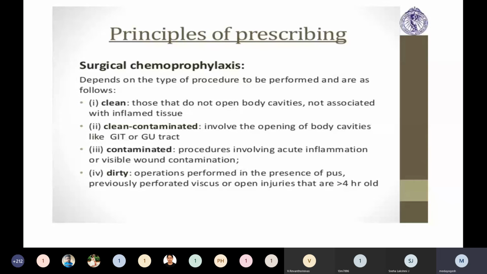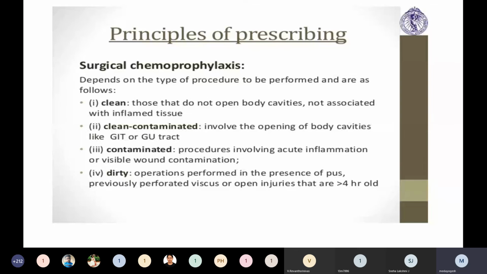Clean contaminated, wherein there is opening of body cavities like GIT or genitourinary tract. Or the wound can be contaminated, procedures which involve acute inflammation or visible wound contamination. Or the wound can be dirty, meaning operations performed in the presence of pus, previously perforated viscera, or open injuries which are more than 4 hours old.